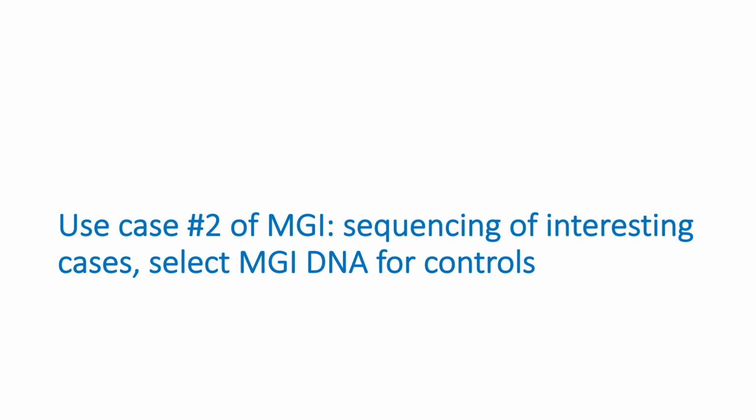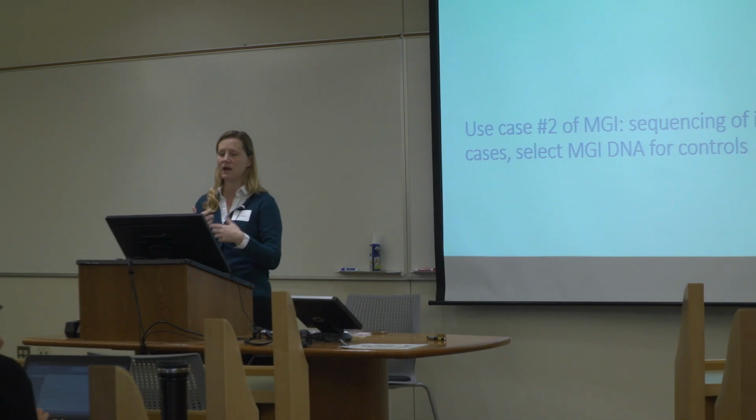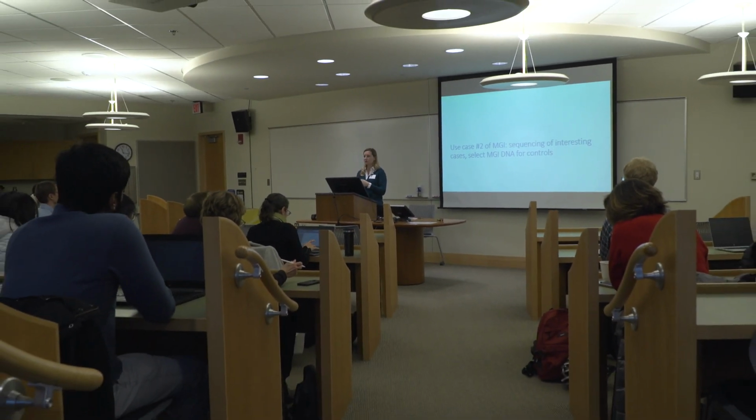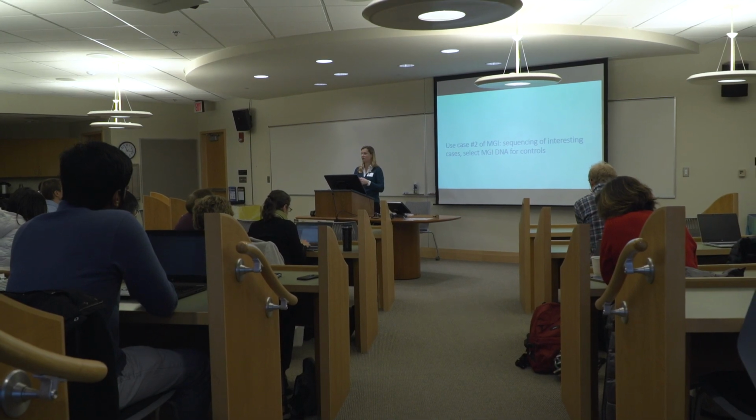Use case number 2. We actually went in and pulled MGI DNA samples from the freezer. In this case, we wanted to perform exome sequencing of a small set of samples that had aortic dissection, with the hypothesis that there were novel or perhaps unique variants within these individuals causing, with high penetrance, aortic dissection.